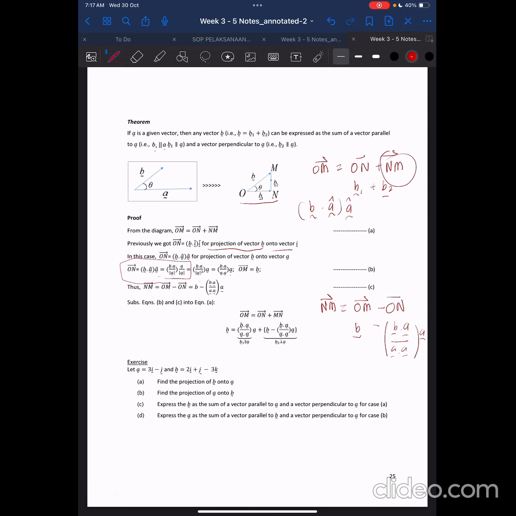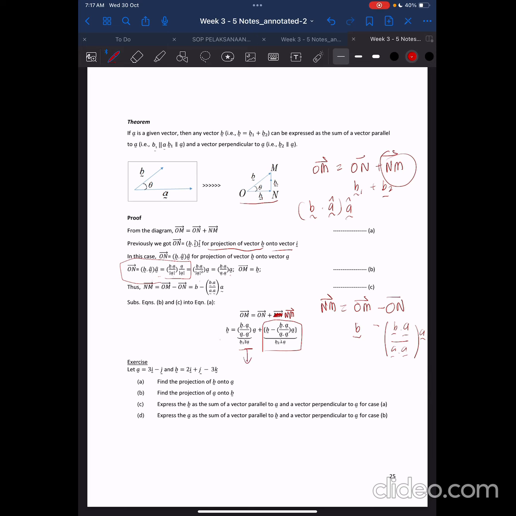Alright. So if we rearrange once again, we can get this NM, sorry, typo. Okay, if we rearrange once again, OM is B, ON is given as this, we replace it, and NM is actually given as this.